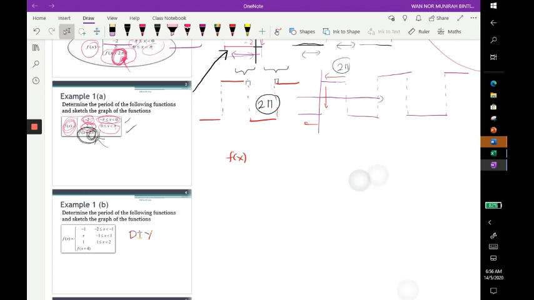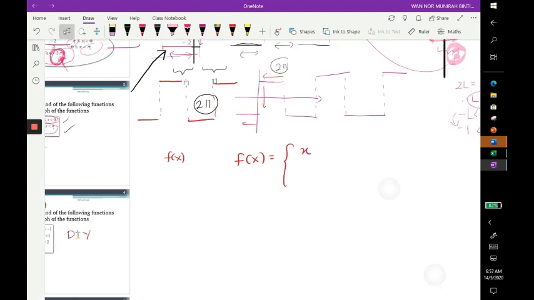Okay. Let's say if I have f(x) equals x, within the interval from negative 4 to 0. And then you have f(x) equals 1, x from 0 to 2.